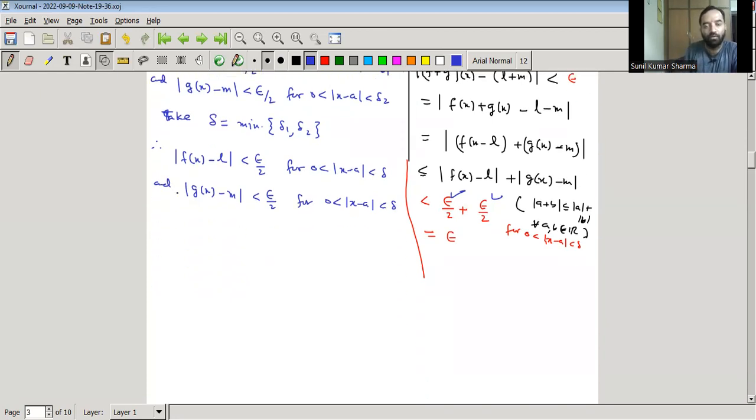Now what we have to do, we have to estimate mod of (f plus g)(x) minus (L plus m).